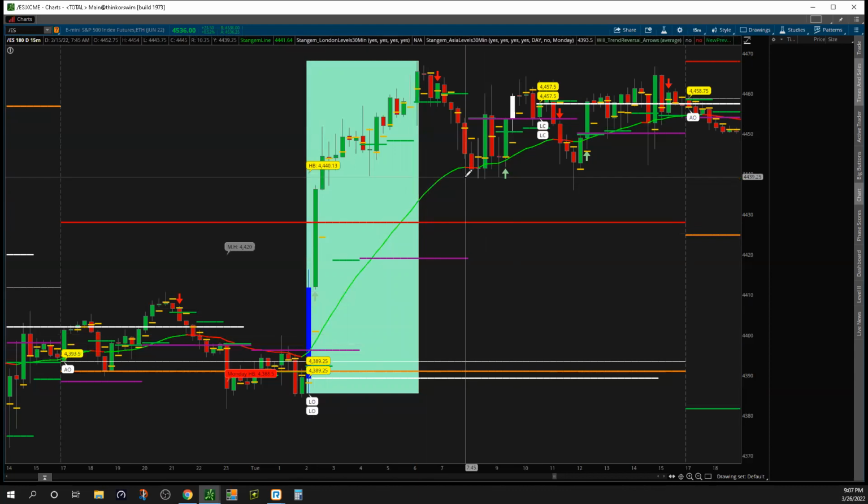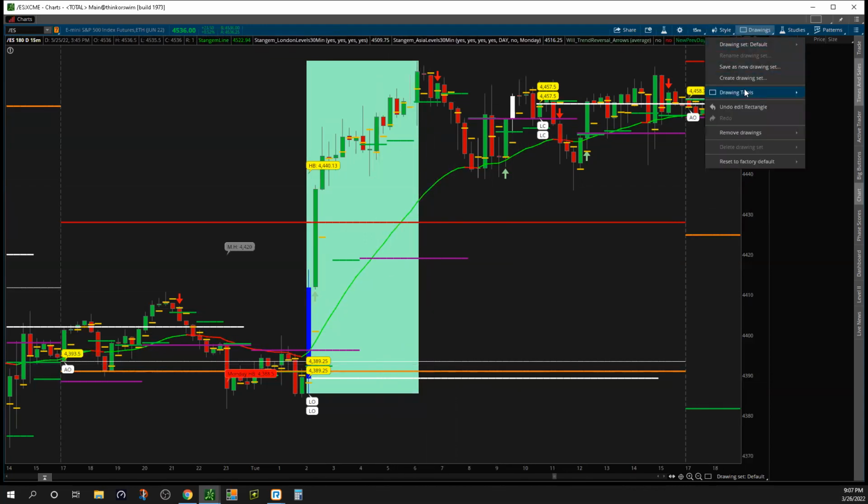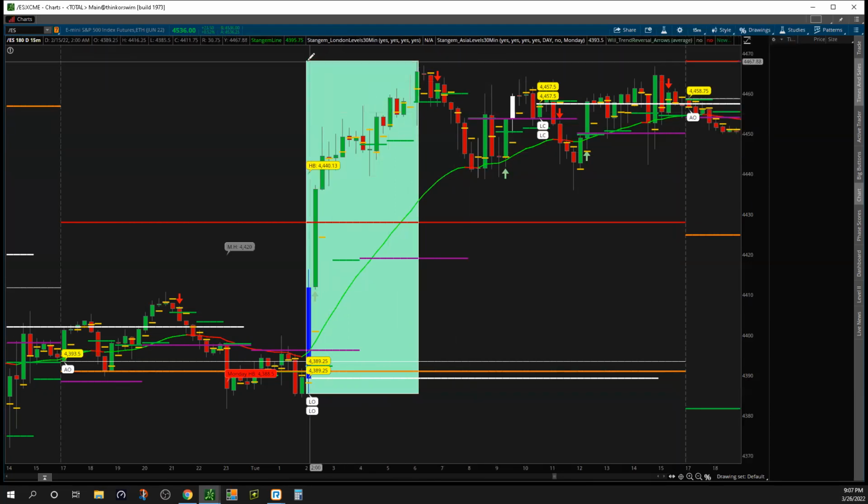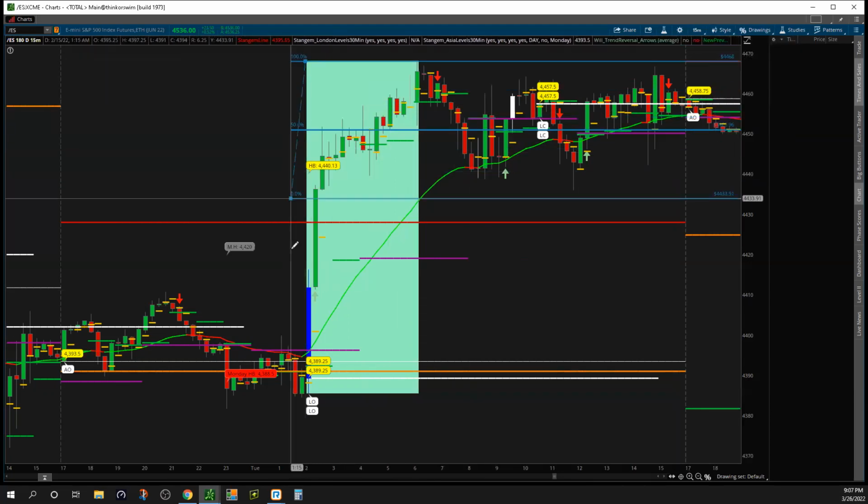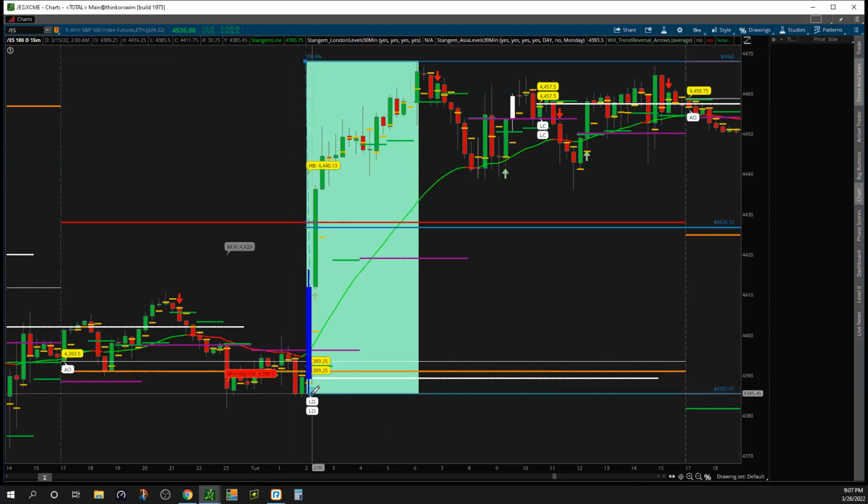Stangem line green. Price above London Open. Draw the fibs. Oh, there's some range on this one. Halfback.